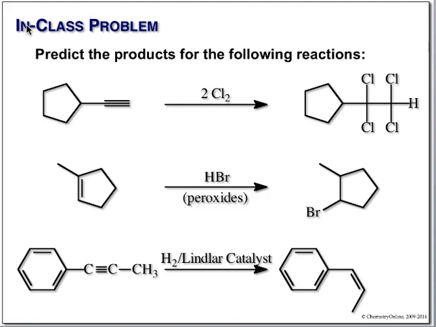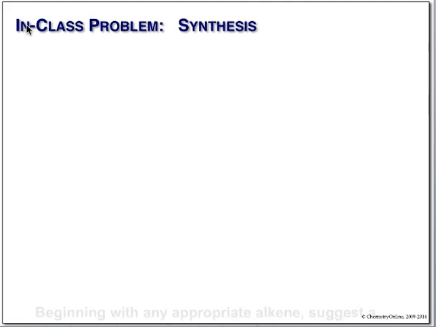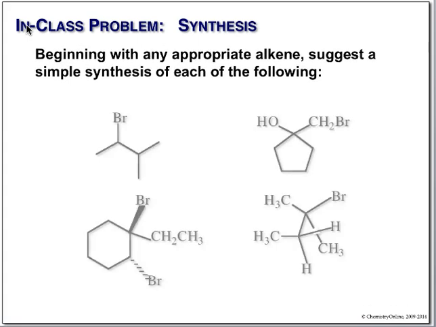All right, what we're going to do next is to take everything that you know and we're going to apply it to organic synthesis. We're going to start off this way. Here I have 4 different compounds.